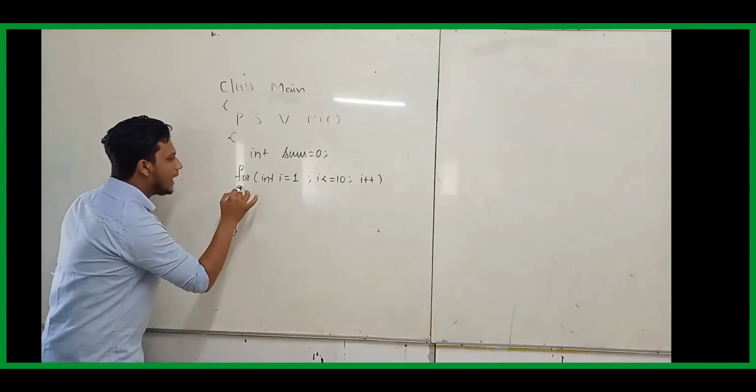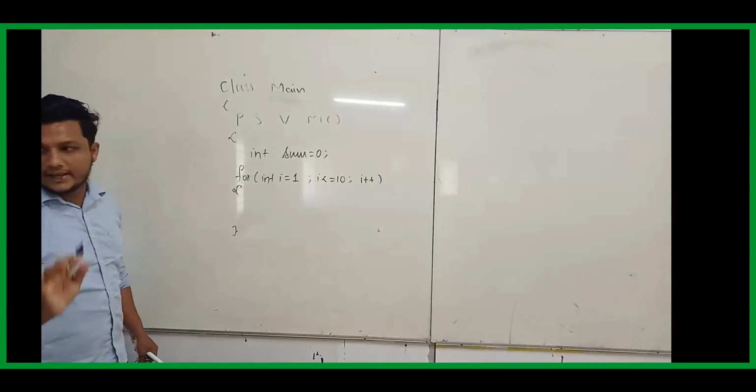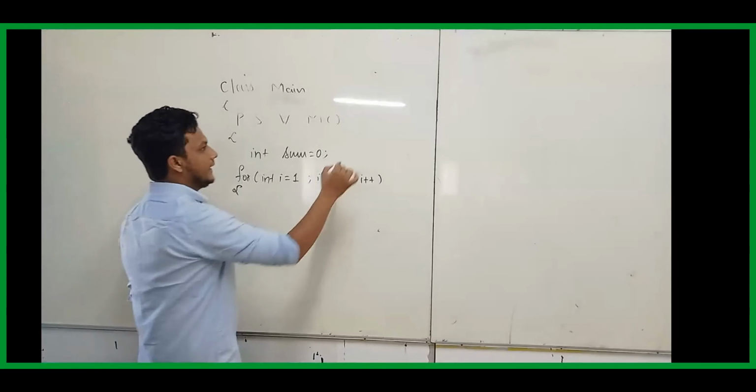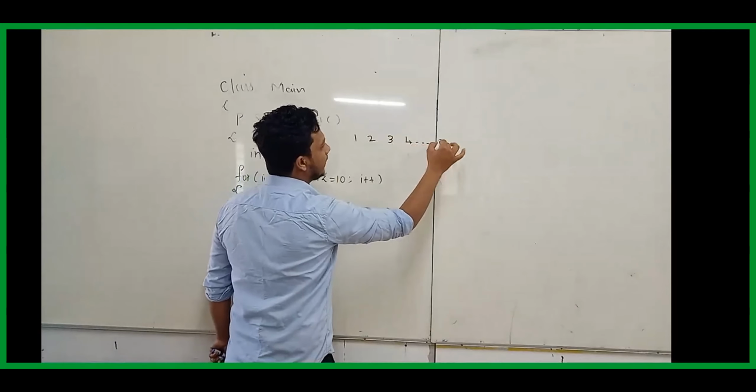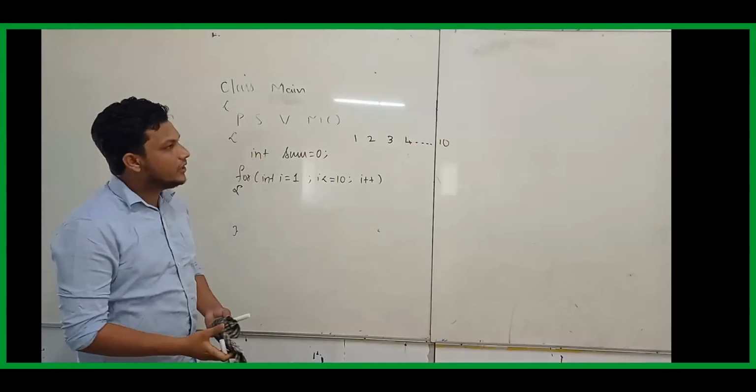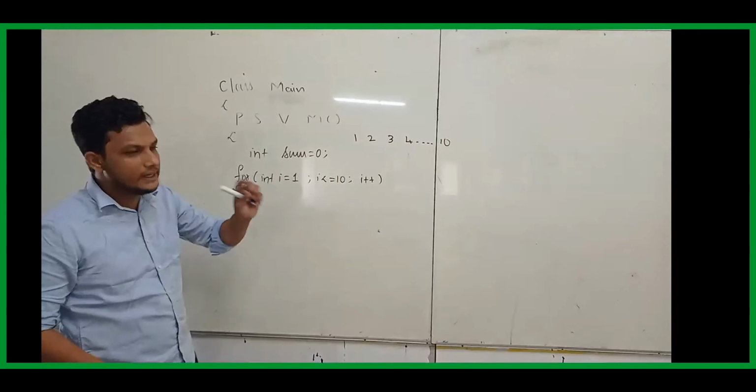Now, how do we add the numbers? If I want to add 1 to 10, for example 1, 2, 3, 4 up to 10, I have the numbers. Let's break the task.